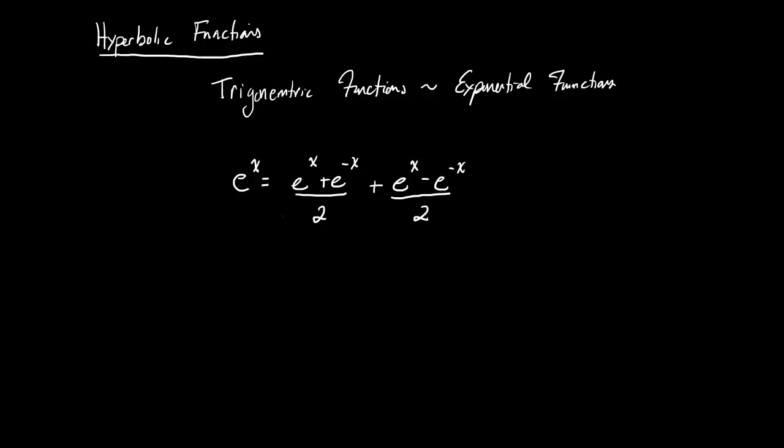This is actually a combination of an even function, and this guy over here is an odd function. It's the way that we can relate e to the x in terms of a breakdown to make it a little bit easier for us to see the definitions of our hyperbolic functions.